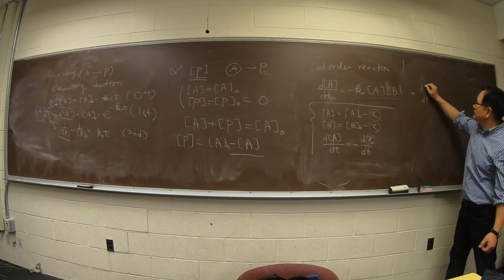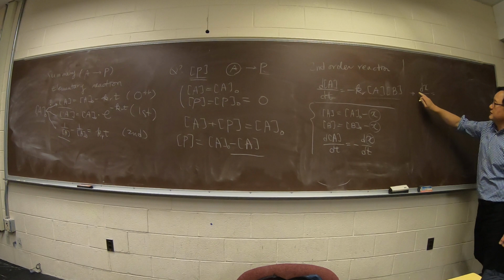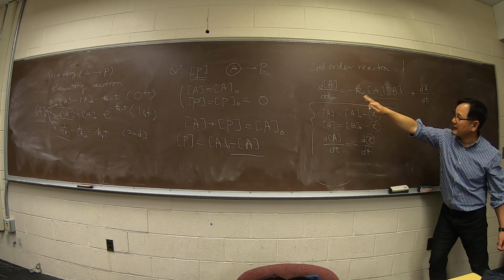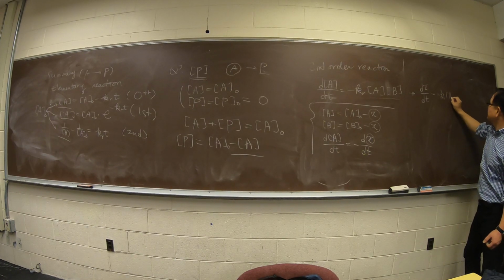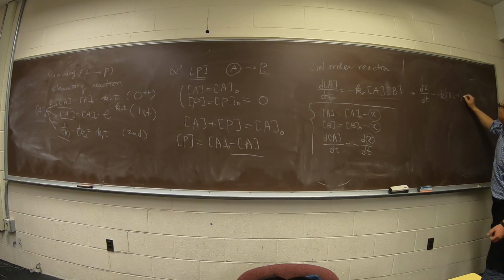dx/dt, the minus sign is already out, so I can cancel that and just keep the plus kR, A naught minus x, B naught minus x.